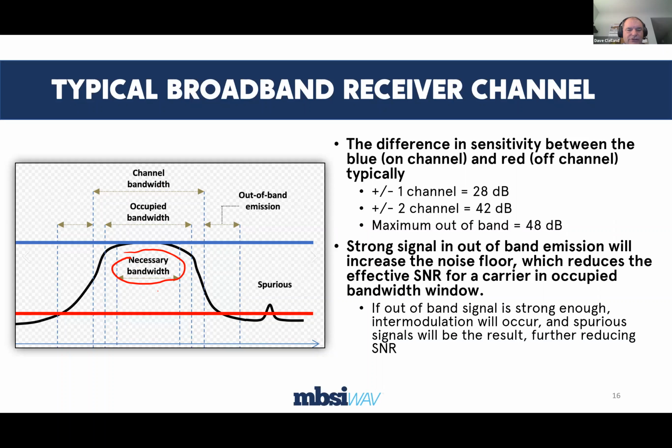So on a 20 megahertz channel, this might be, let's say, 18 megs. So let's say this is 20 megs. This is 18. This is megahertz. And our occupied bandwidth might be 19 megahertz occupied, meaning that we've got 500 kilohertz of guard band on either side of this.